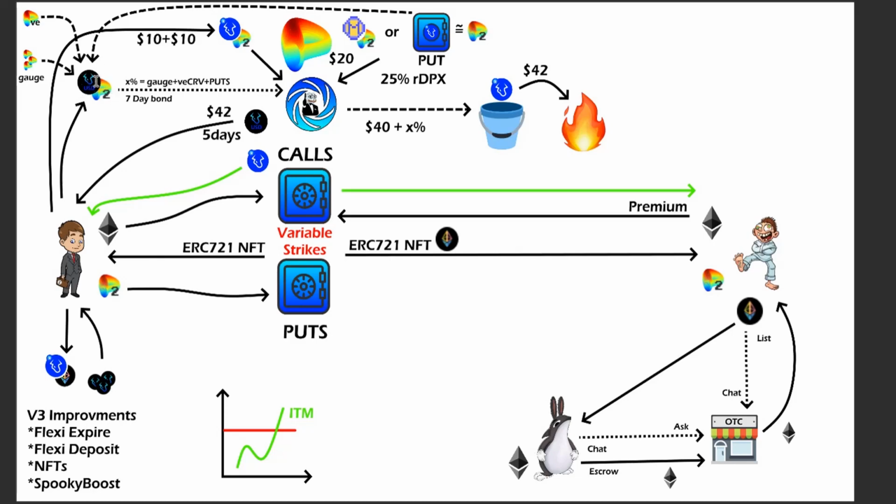Alternatively, they can take these and bond them for 7 days, and then all of these rewards will be collected on their behalf, and they will get that as a reward in more stablecoins. So if they don't want these different kinds of tokens, they can just give it and get that back.